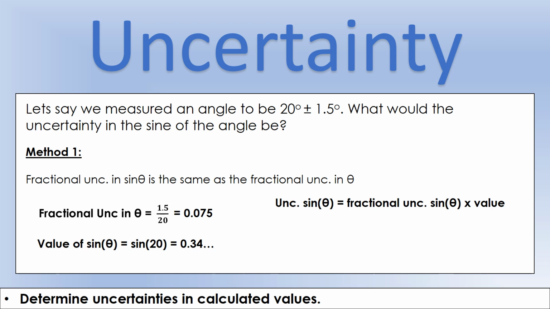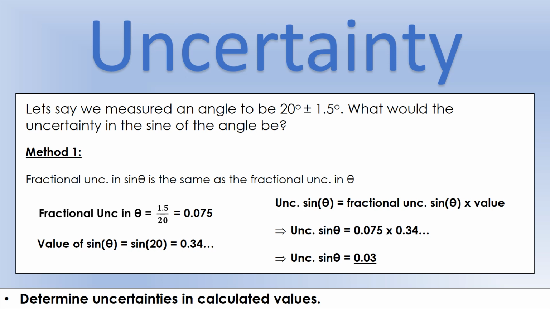That's what this calculation is doing. And once we do that, we find the uncertainty in sine theta is about 0.03. And sine theta doesn't have any units, so I haven't given a unit for the uncertainty. So what that means is sine theta is 0.34 plus or minus 0.03. That's one way we could do this.